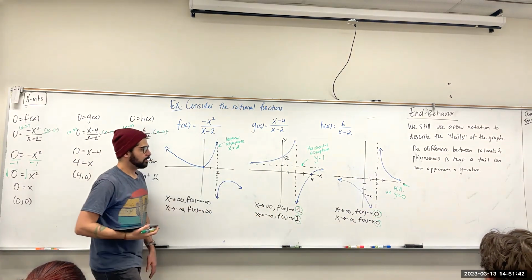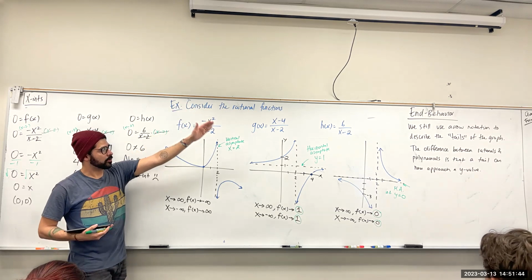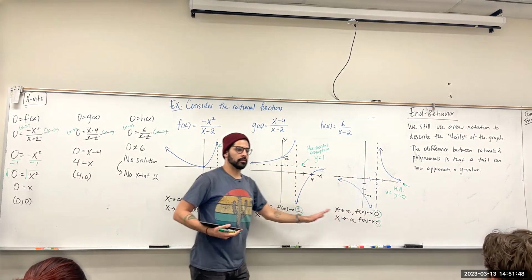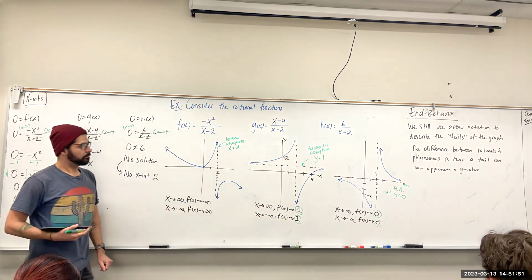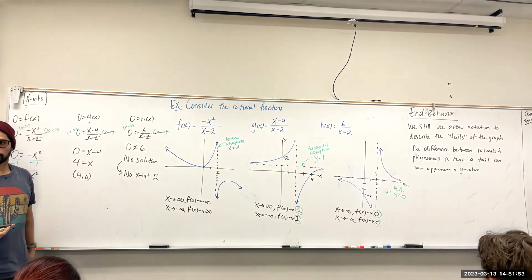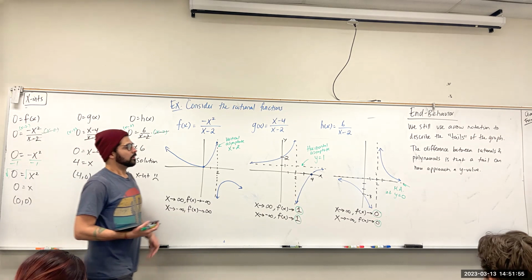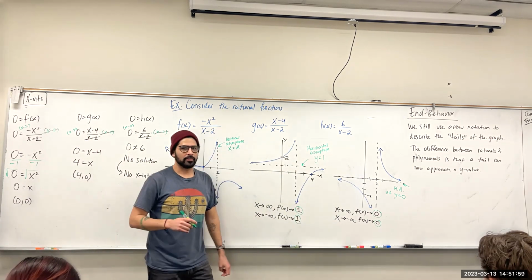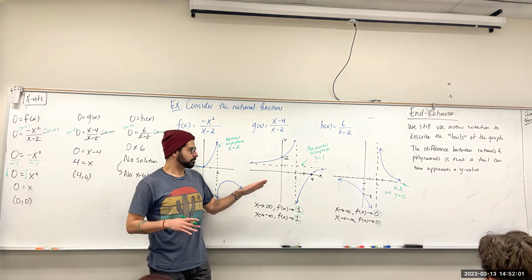Okay. So how does the horizontal asymptote of these graphs affect the end behavior of the graphs? We're going to look at other examples.